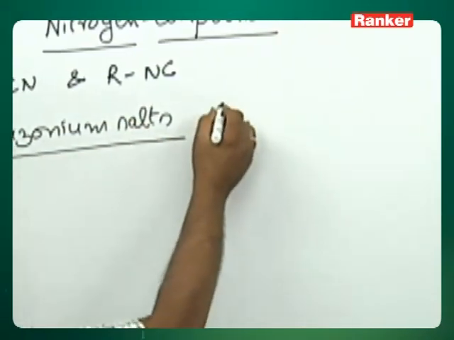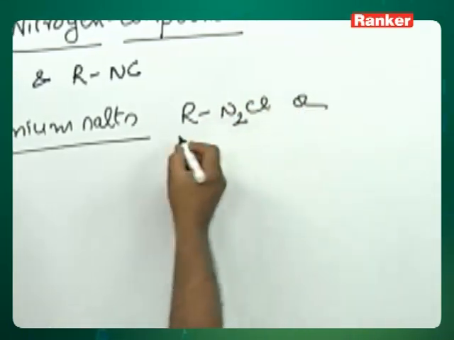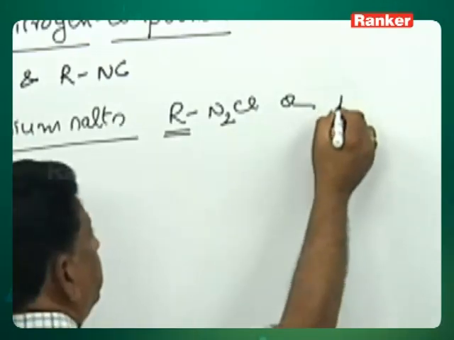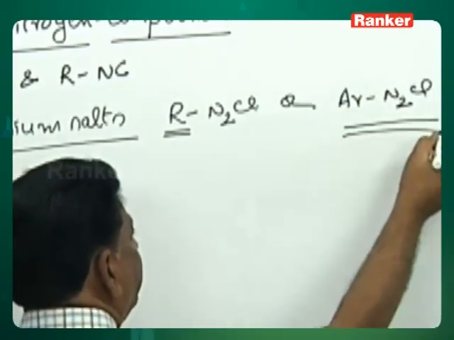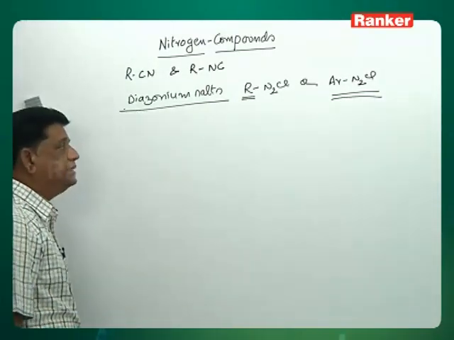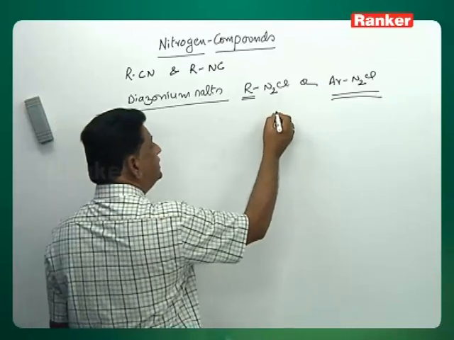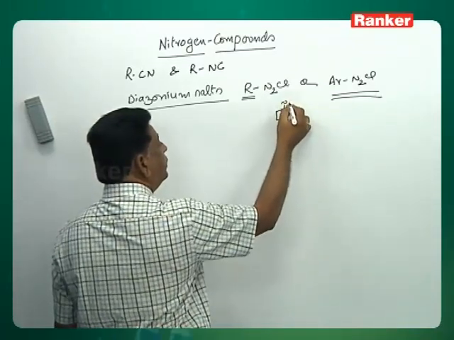They may be represented like RN2Cl, or maybe an aromatic ArN2Cl. In the case of aromatic, they have really wonderful applications. A simplified example will be benzene with N2Cl.